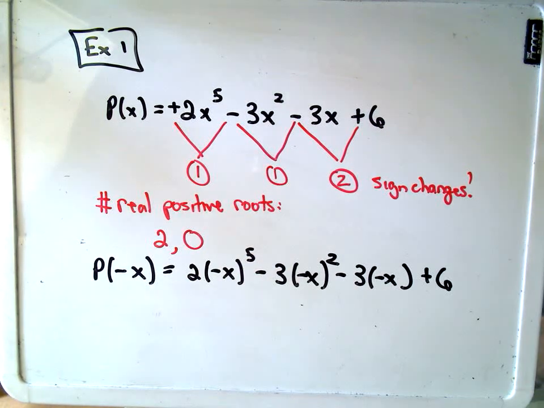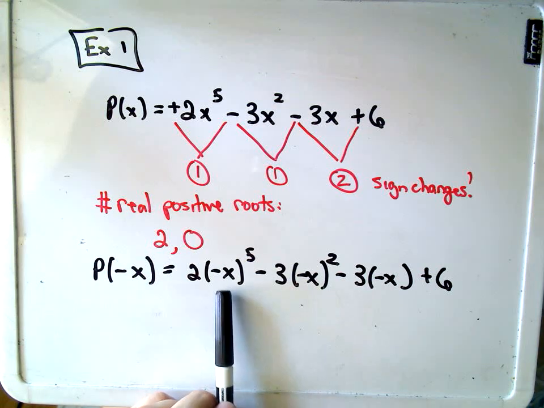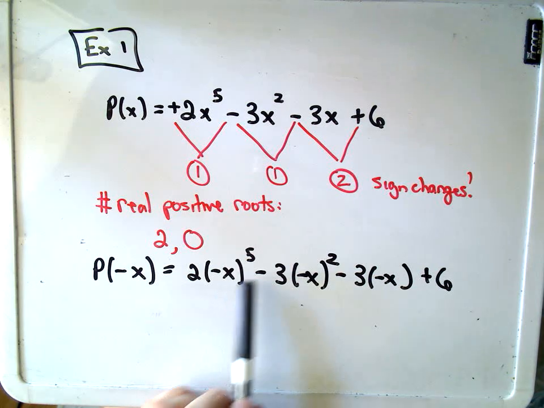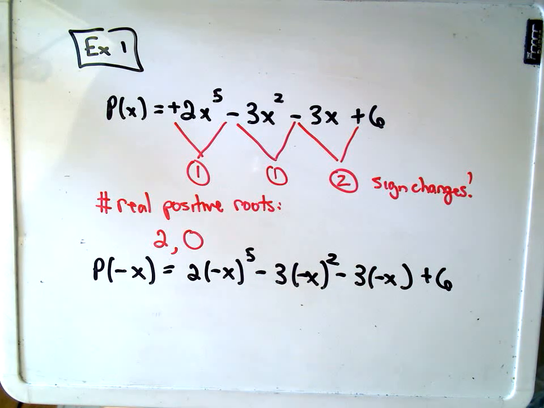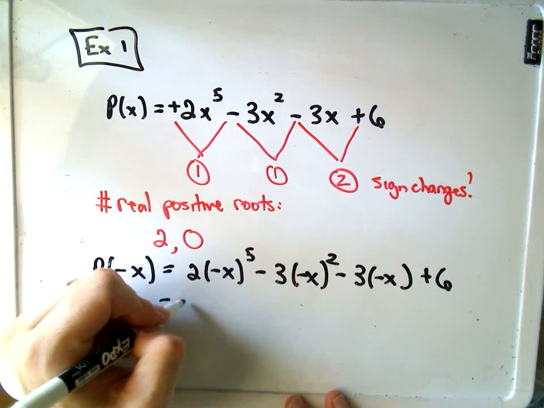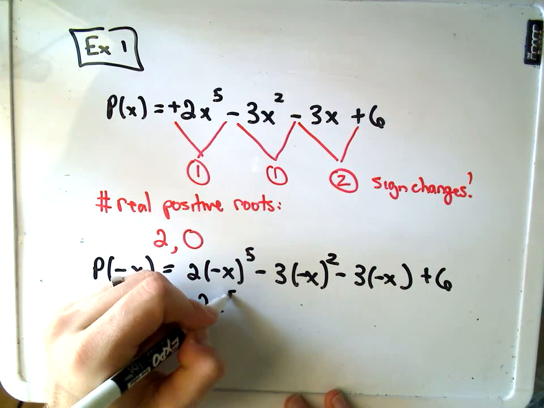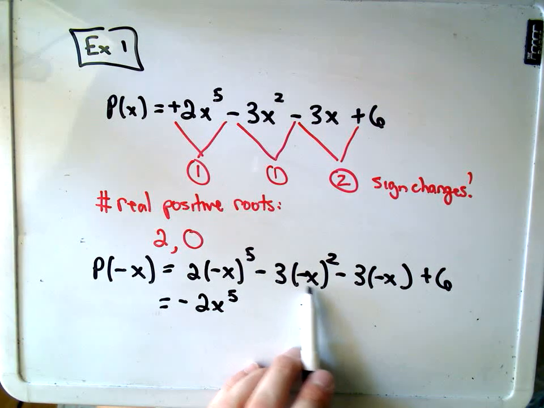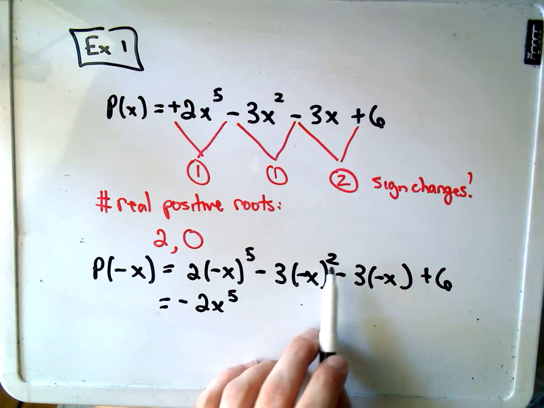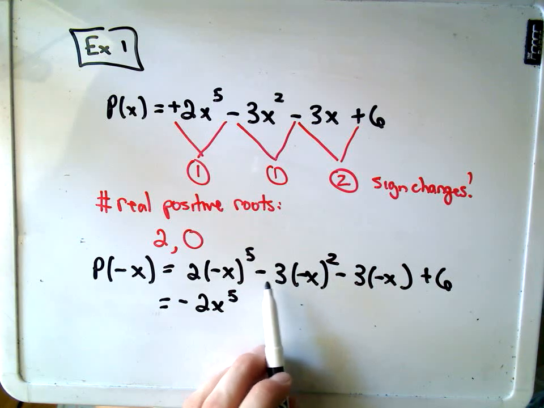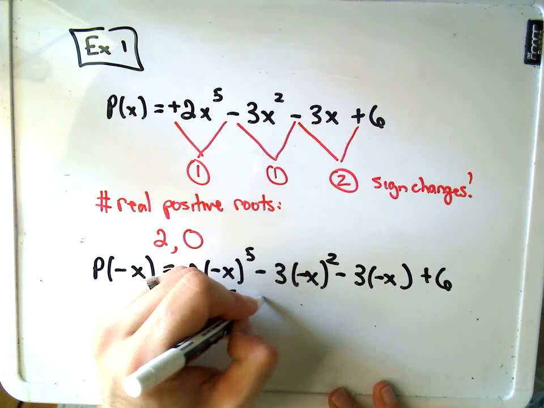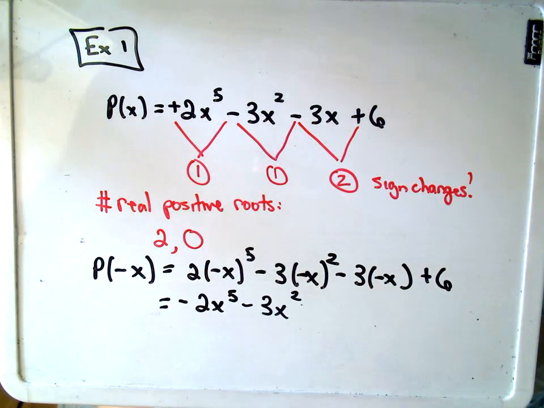That's the whole gist of these problems, so you have to be really careful with the signs. Remember, if we take a negative number and raise it to the 5th power, it stays negative. So when we simplify, we'll get negative 2x to the 5th for our first term. We have to square the negative x first, so negative x times negative x is positive x squared, but then we distribute the negative 3, so it'll still stay negative 3x squared.